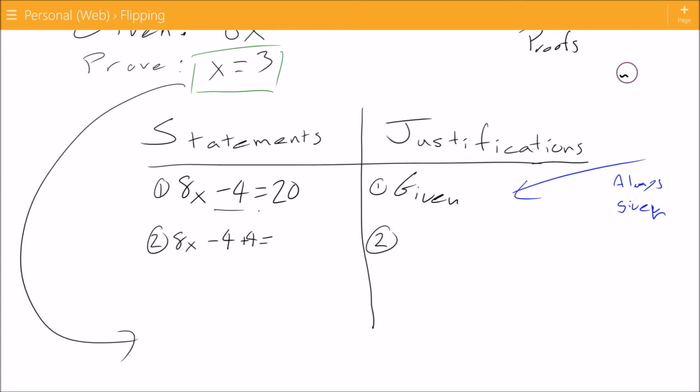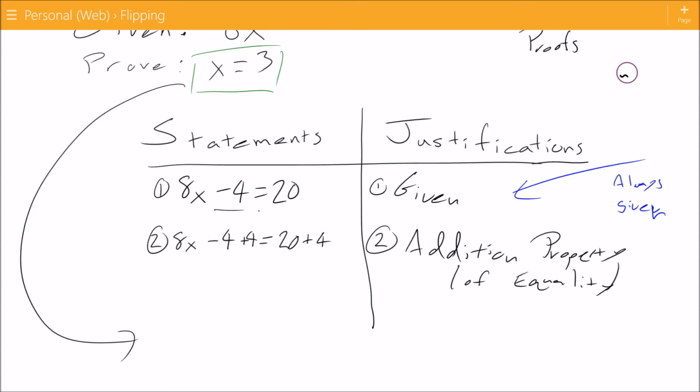I do that to the left, but I have to do that to the right as well. And I can do that through, since I'm adding, the addition property. Quite technically, the addition property of equality.